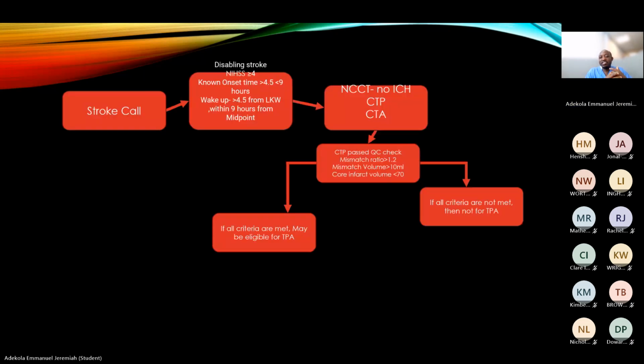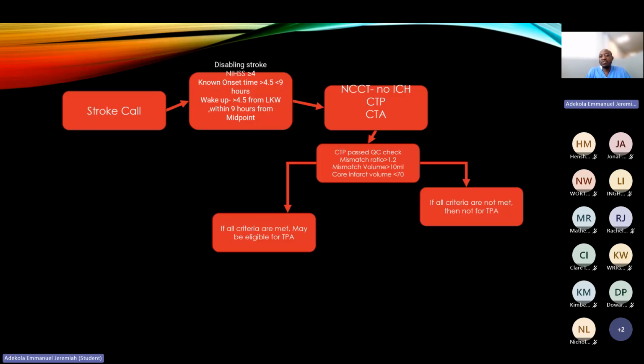Now, this is more like an algorithm to keep at the back of our mind when we've got patients with disabling stroke symptoms and we are not able to establish the onset time, or patients are presenting outside of the 4.5 hours.